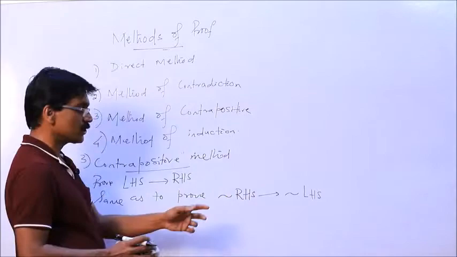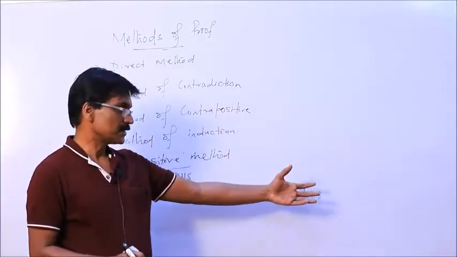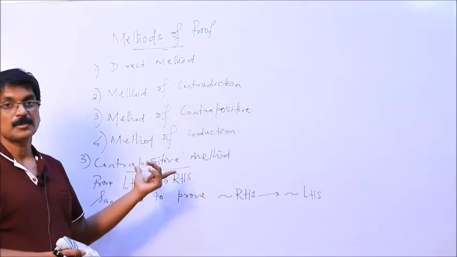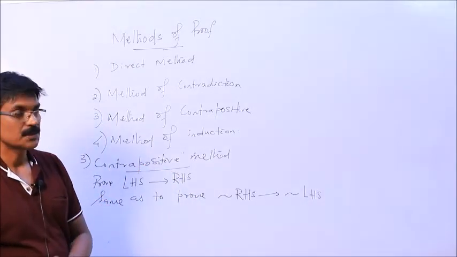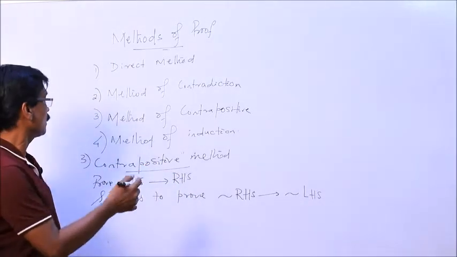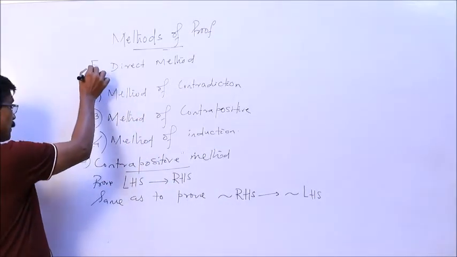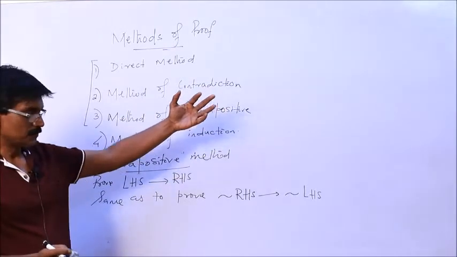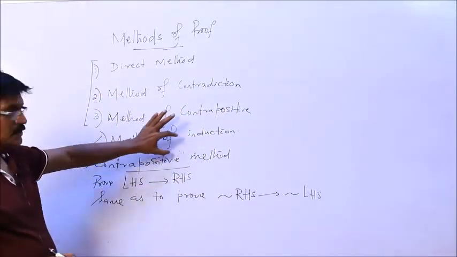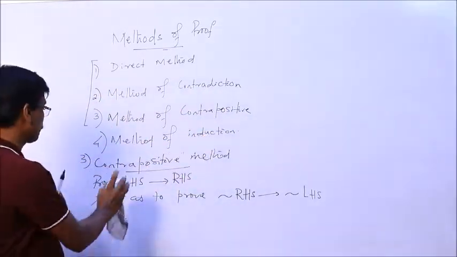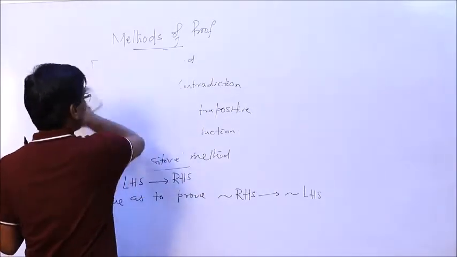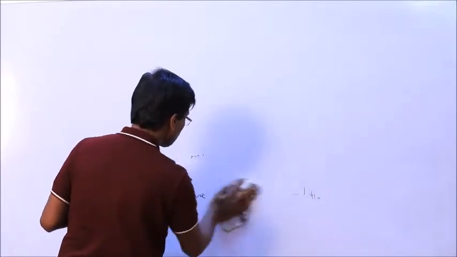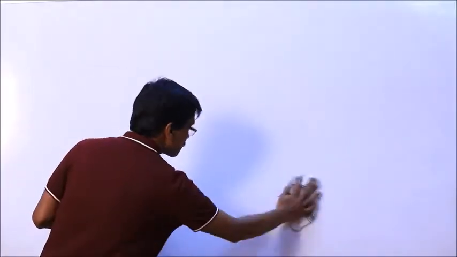Negation means not RHS implies not LHS. So this method is called the contrapositive method. We read all these three methods in our school. The new method is called the induction method. So now we read a new type of proof, that is called the induction method.